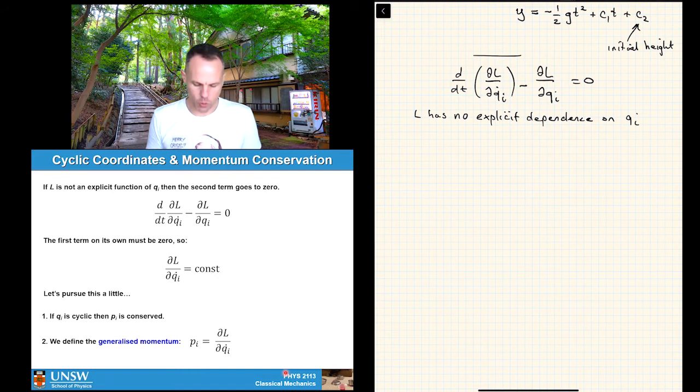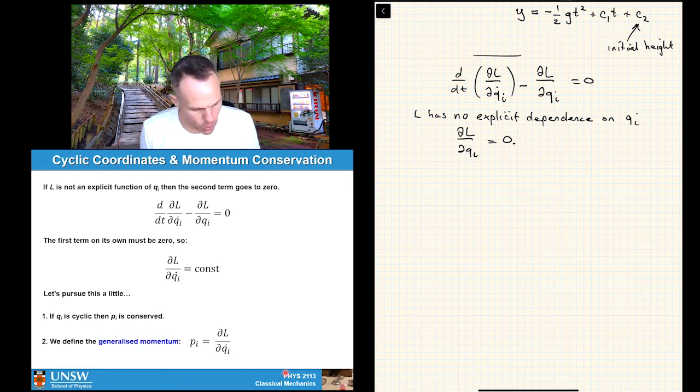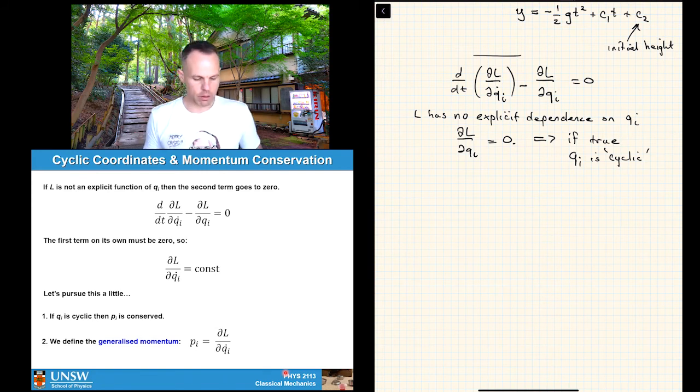So what that means is that our dL on dqi is going to be equal to 0, straight up, okay? All right. If this is true, qi is something that we call cyclic, right?